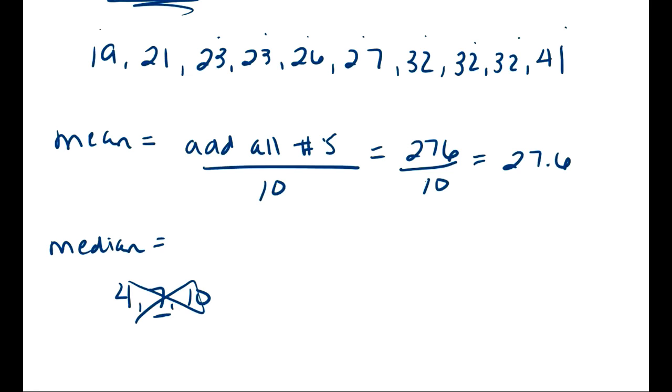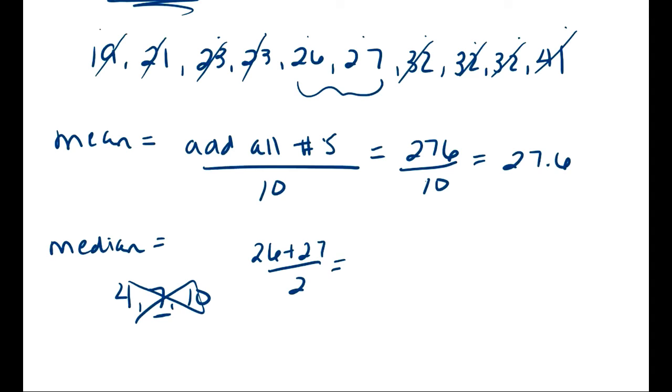I'm going to get across 19 and 41. This is kind of like the easiest way to work your way to the middle if you can't see it. But now look, I have 2 middle numbers. So in order to find the true median, what I need to do is add those 2 numbers together and divide by 2. And when I do that, I'm going to get 26.5.